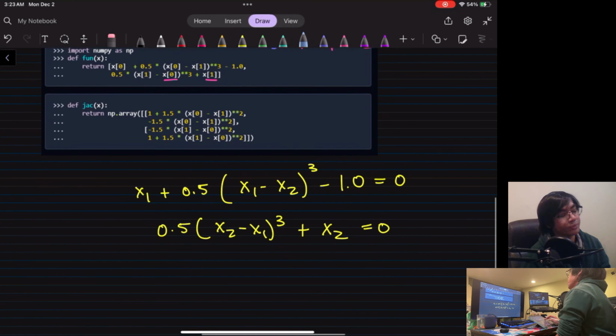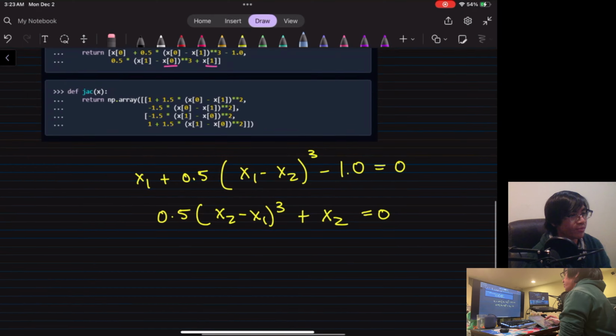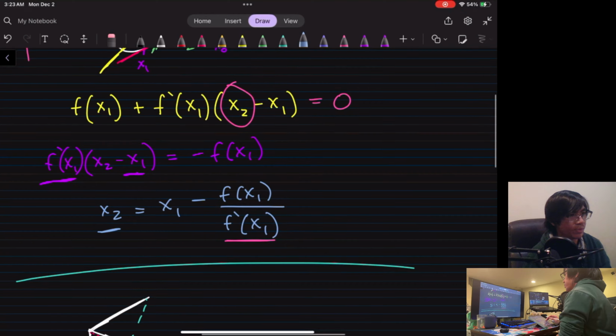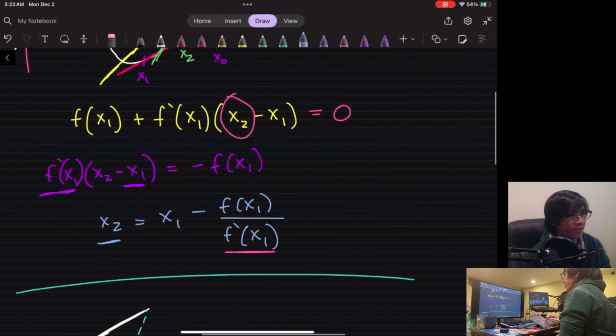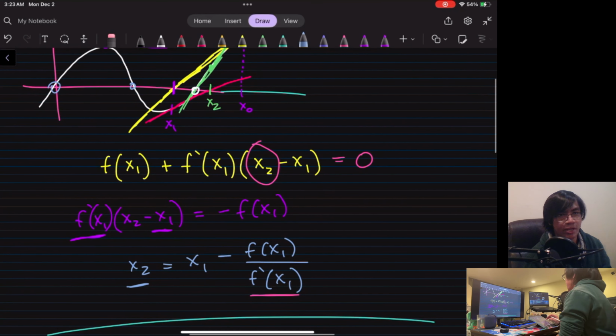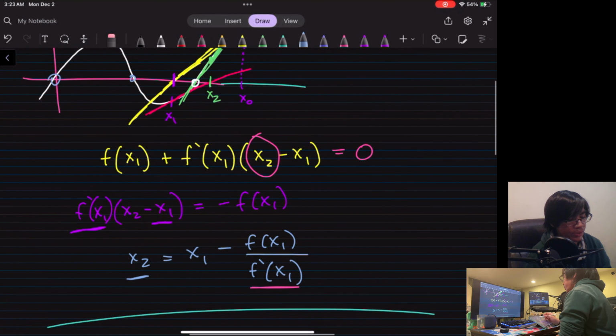So it does take the same format of our system up here, except now we have multiple dimensions to think about. This function is now a vector of 2 equations. And now our x components, each of these values actually are 2 different values.